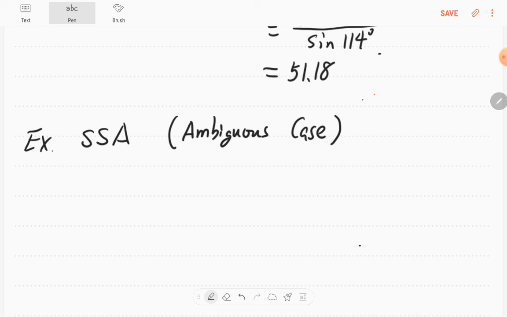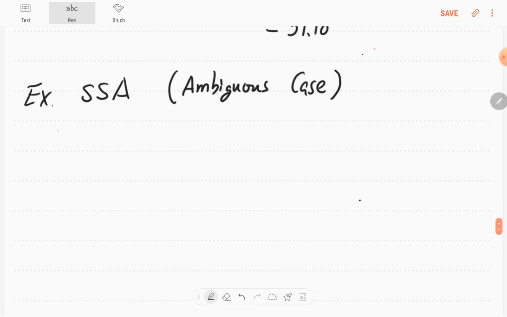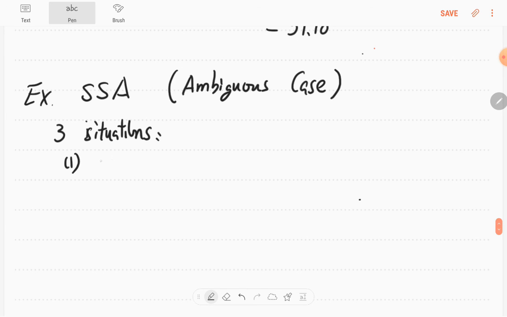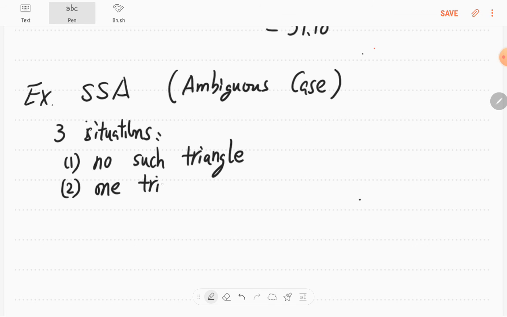The reason is this case may have three situations. One is you will see sometimes there is no such triangle. This triangle does not exist. The second, there is only one triangle that satisfies the conditions, two sides and one angle, and this angle is not between these two sides.